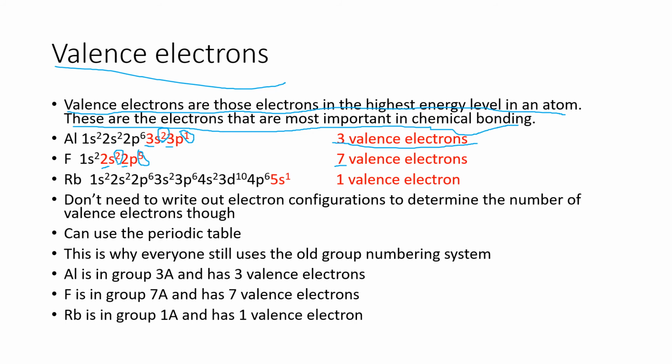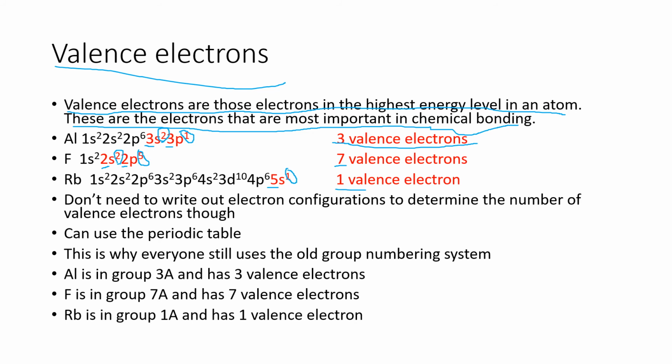For rubidium, 1s2, 2s2, 2p6, 3s2, 3p6, 4s2, 3d10, 4p6, 5s1. The highest energy level I'm looking at is 5. How many electrons are in that energy level? Just the 1 there, for 1 valence electron.